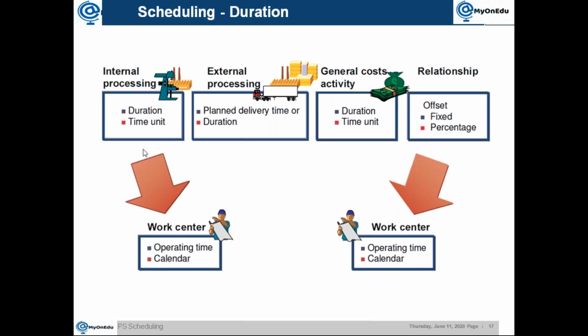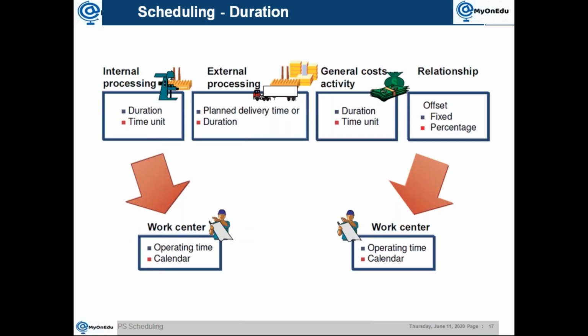One is from the internal processing activities, it checks the duration. So if you maintain the duration and the time unit, that will be considered. Then normally for this internal activity, we maintain a work center. The work center will be considered for the operating time.